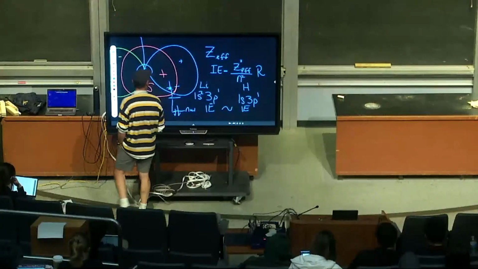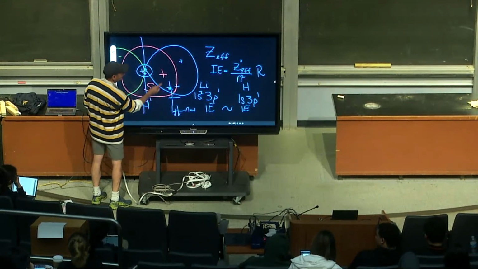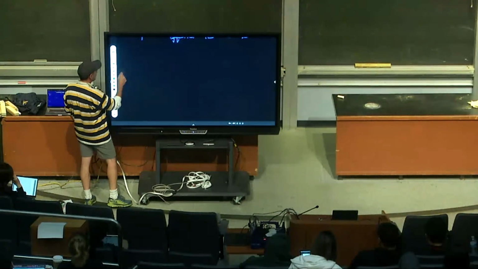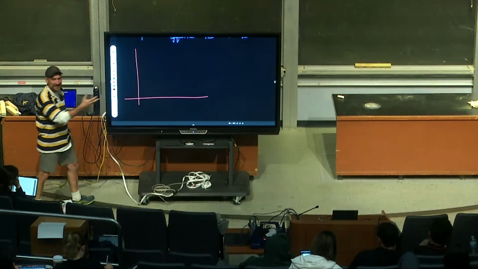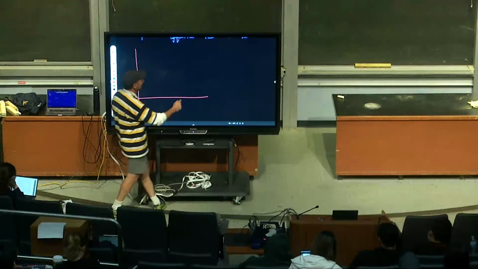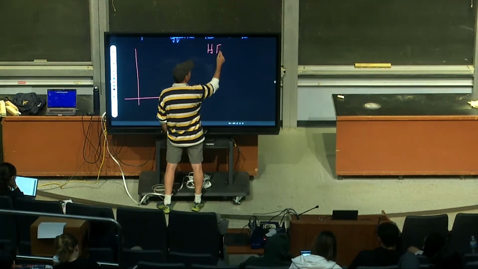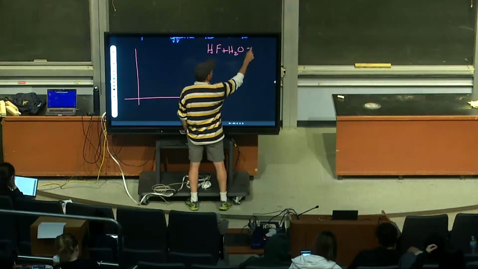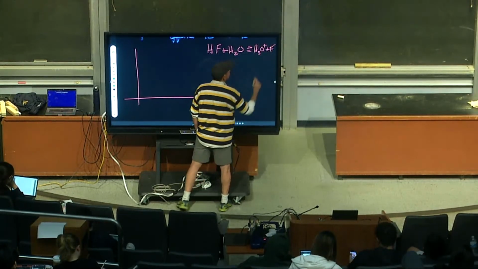Well, geez, I think I told you every single thing that I want you to know already. Acids and bases, everything you need to know about acids and bases is contained in the titration curve. Okay? You should be able to write down, if I give you an acid like hydrofluoric acid, hydrofluoric acid plus water goes to H3O plus F minus.